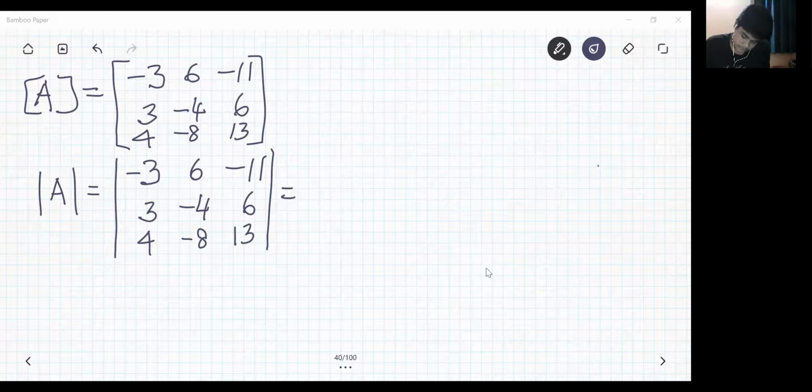Minus 6 into, 3 into 13 is 39, 39 minus 4 sixes are 24.